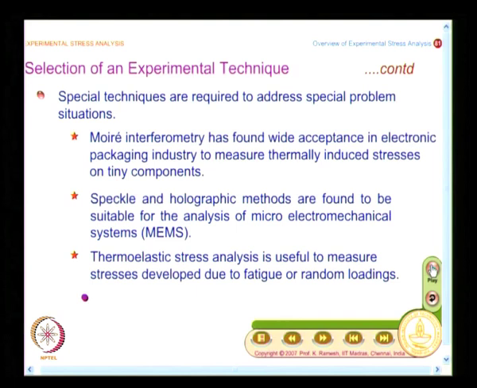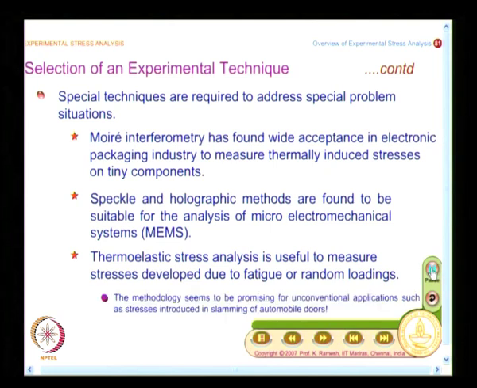Then you have the method of thermoelastic stress analysis, and this is useful to measure stresses developed due to fatigue or random loadings, and that is a very special application people have applied using thermoelastic stress analysis. The methodology seems to be promising for unconventional applications such as stresses induced in the slamming of automobile doors.